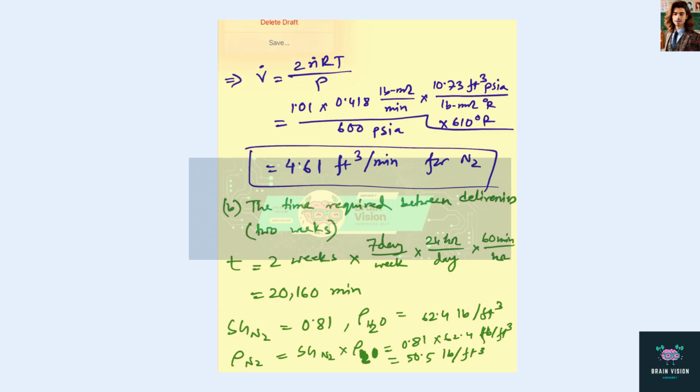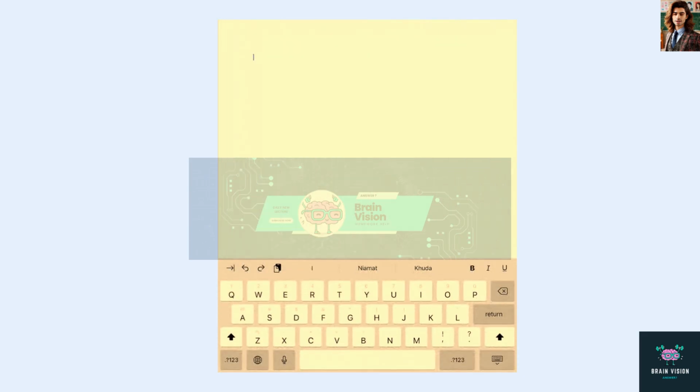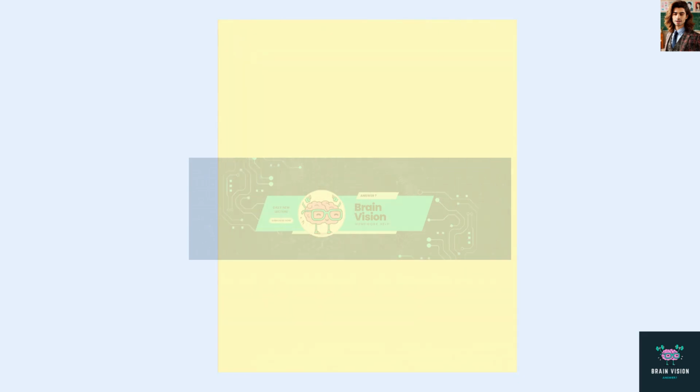Now we can calculate the volumetric flow rate of the vapor coming from the cylinder. Therefore, the volumetric flow rate of the vapor is equal to the mass flow rate of the vapor divided by the density.